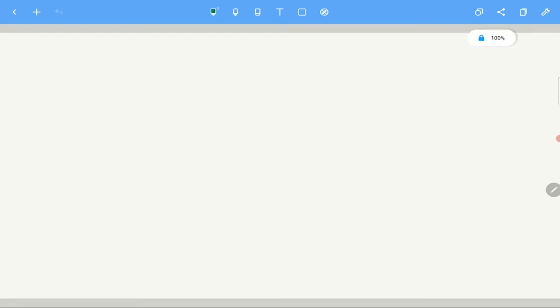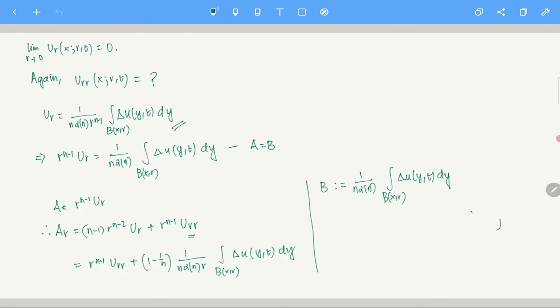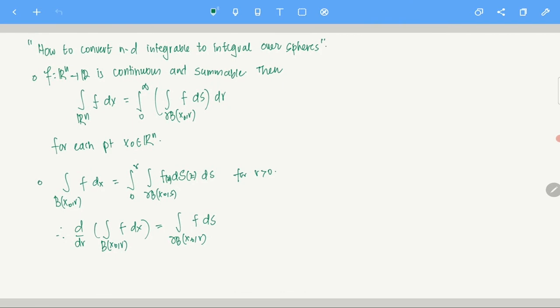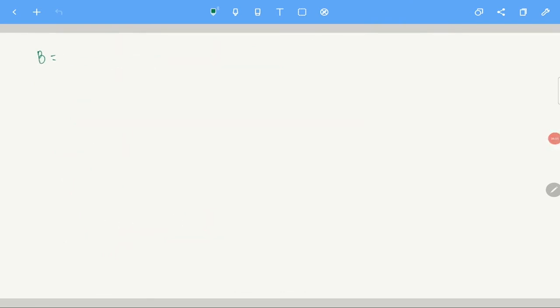See, b in our case is this integral of the Laplacian of u. So b is 1 by n alpha n times the integral over the ball B(x, r) of the Laplacian of u(y, t) dy. If I want to derive what b_r is, b was given like this.